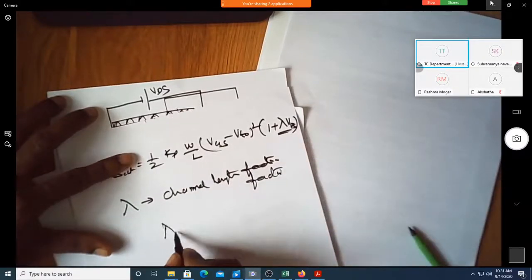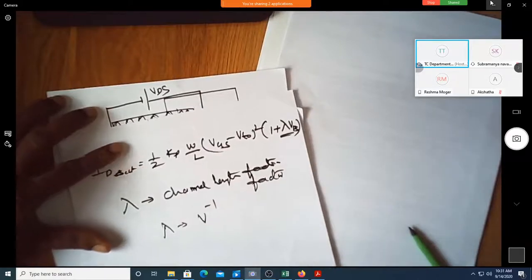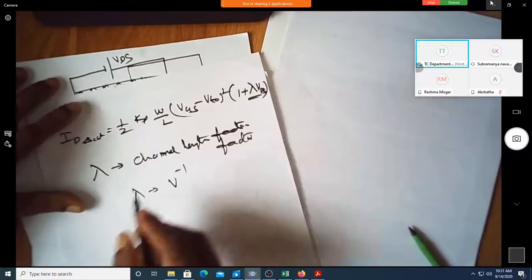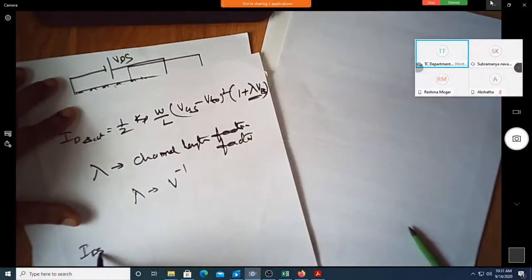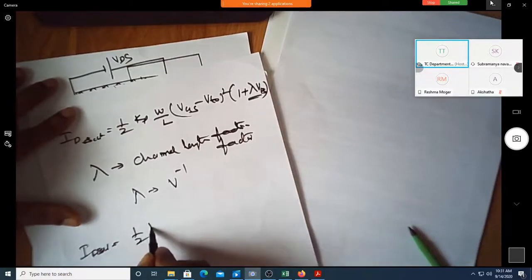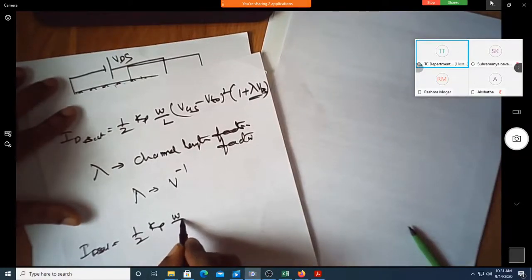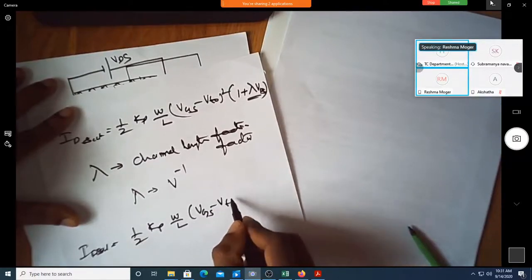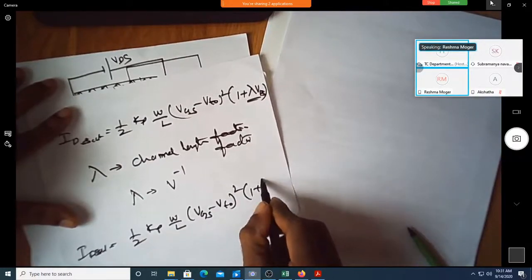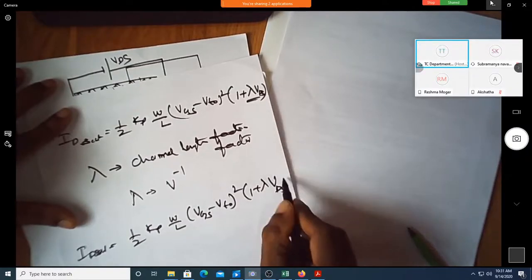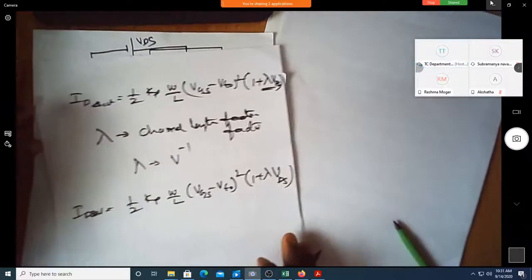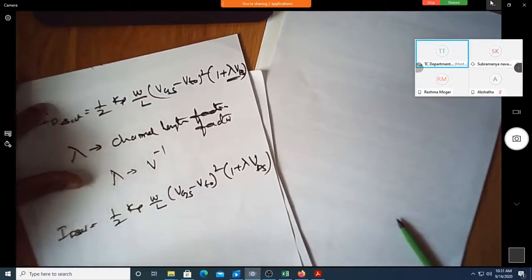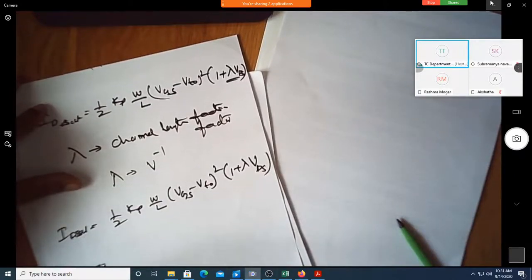The unit of lambda is volt inverse. Now we can see this ID sat is a function of Kp, W by L, VGS minus VTO whole square, 1 plus lambda VDS. So what is the least value of lambda you can think of?